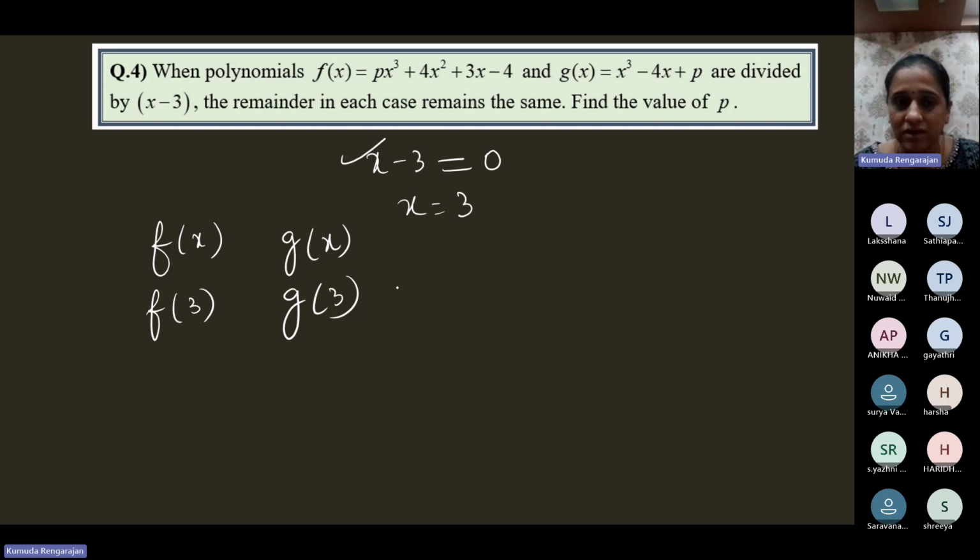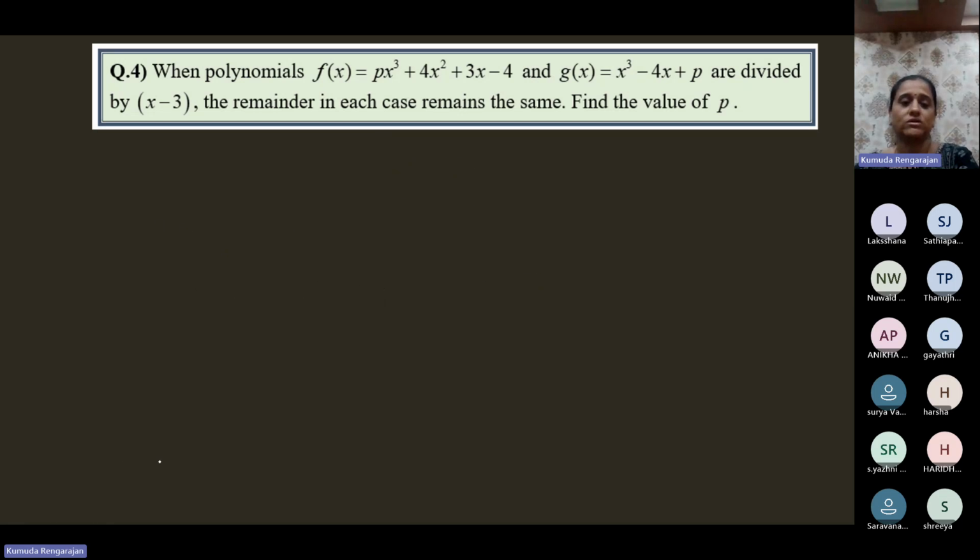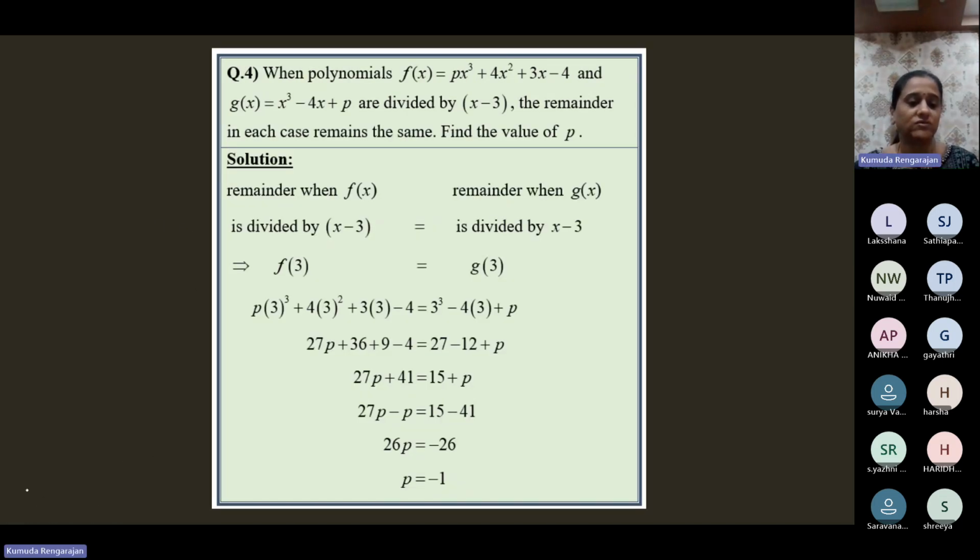Now what is given? The remainder is the same in both cases, which means this remainder f of 3 is equal to this remainder g of 3. So this is the equation: f of 3 is equal to g of 3.